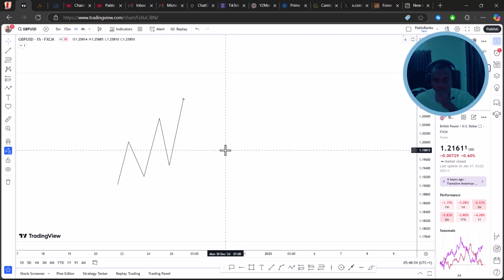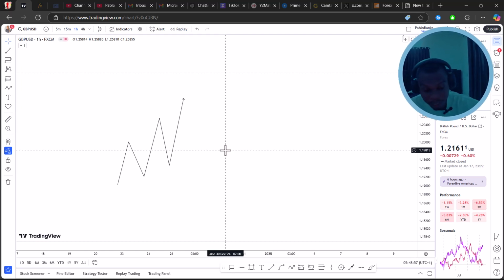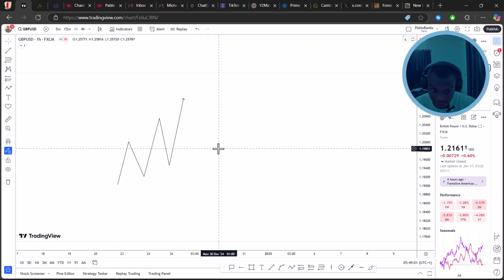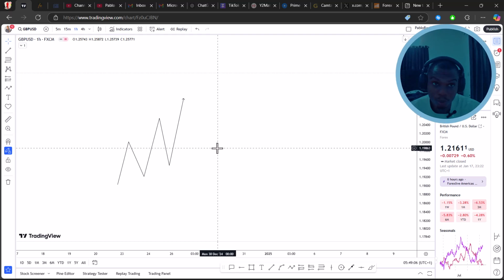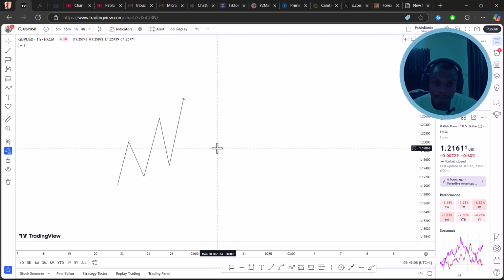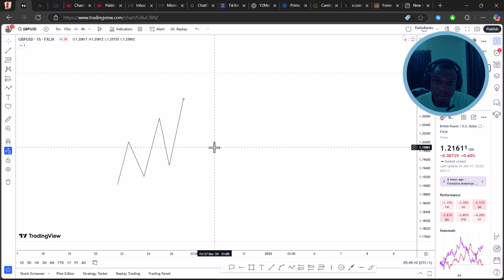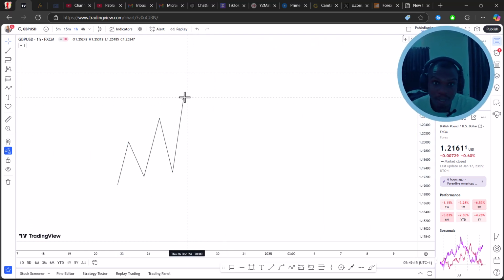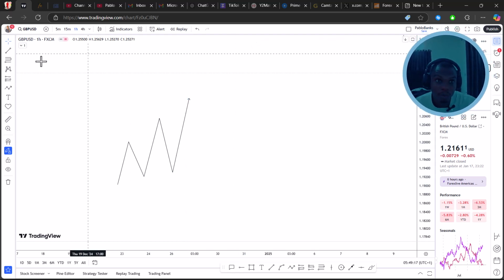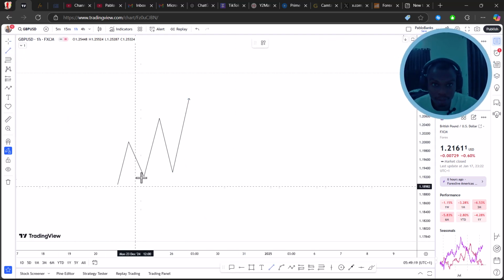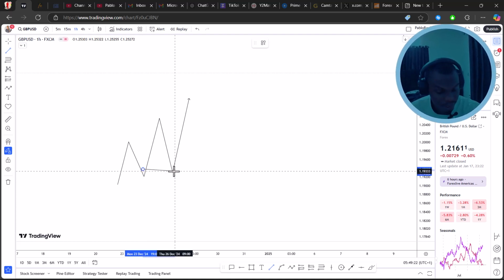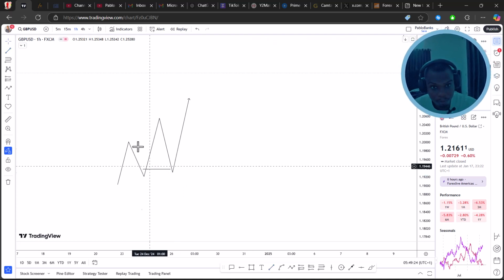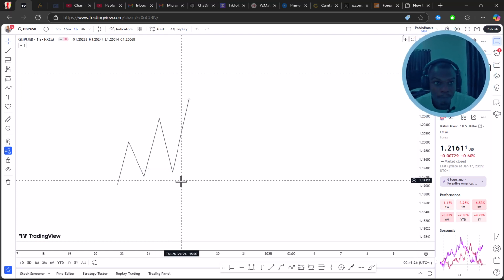SMC says, and I don't know if I'm right about this terminology, the term order block, that ICT SMC owns, because that's the first place I heard about it. So I don't know who owns it, but where I heard it first is SMC. So you have to wait for price to come back to an order block to take a trade.